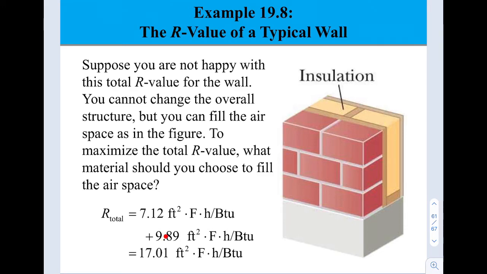Fiberglass is actually 10.9, however it becomes like this because we have to subtract the air layer that we take out, because we fill this area with the fiberglass. So R6 here becomes this value. So this is your R total.